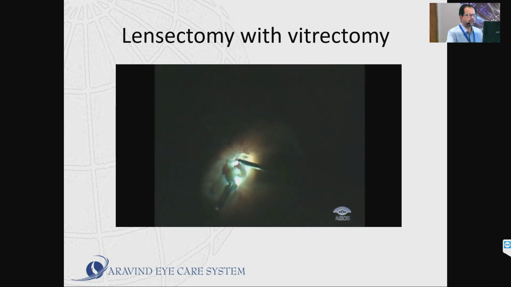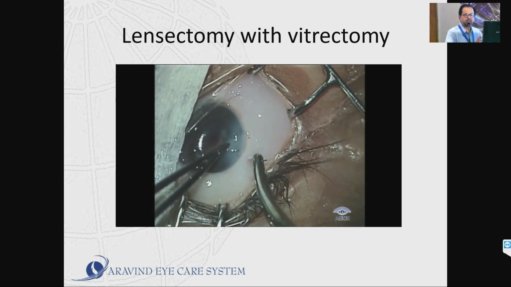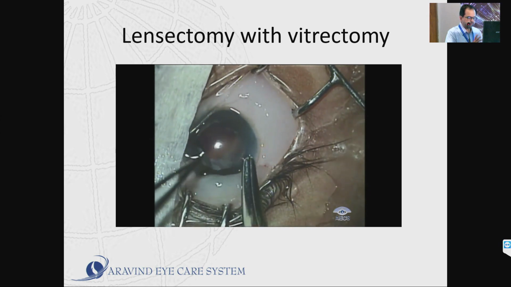And once you open the funnel, there are sheets and sheets of vitreous, so it is better to be a little less aggressive, because if you end up having a retinotomy, you cannot settle the retina like you do in adults, like putting PFCL or fluid exchange and silicone oil. That will be a disaster. And at the end, you can put either Healon or viscoelastic and leave and hope for the best.